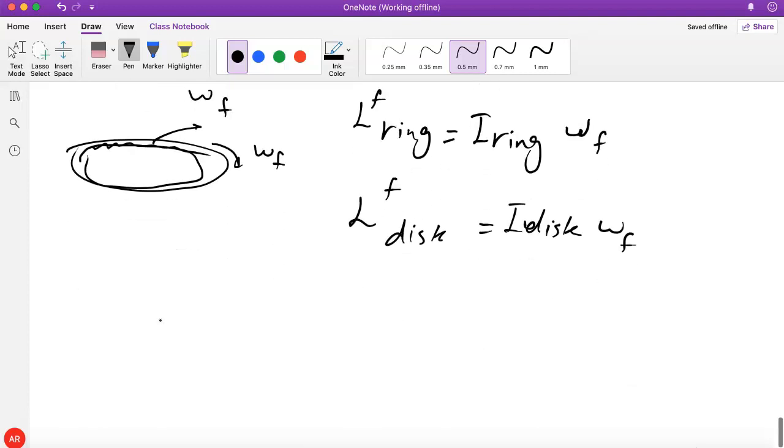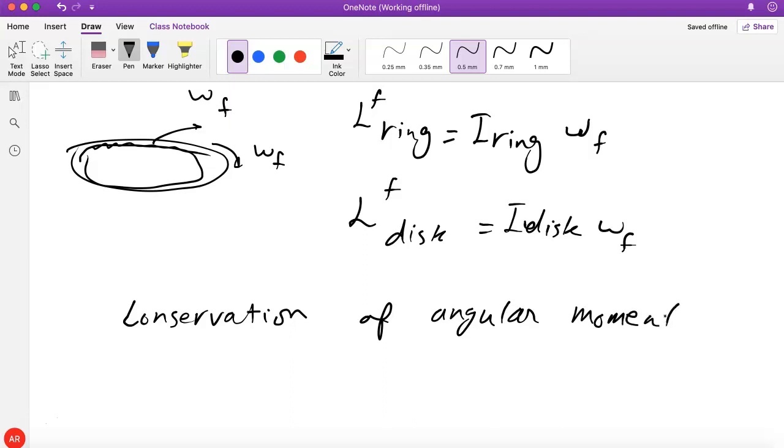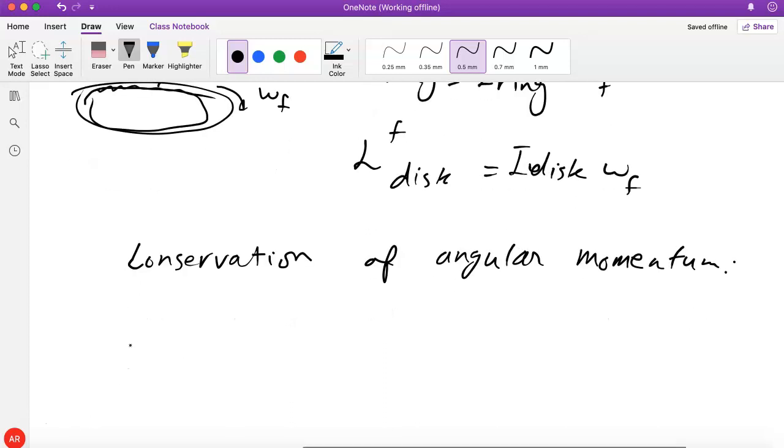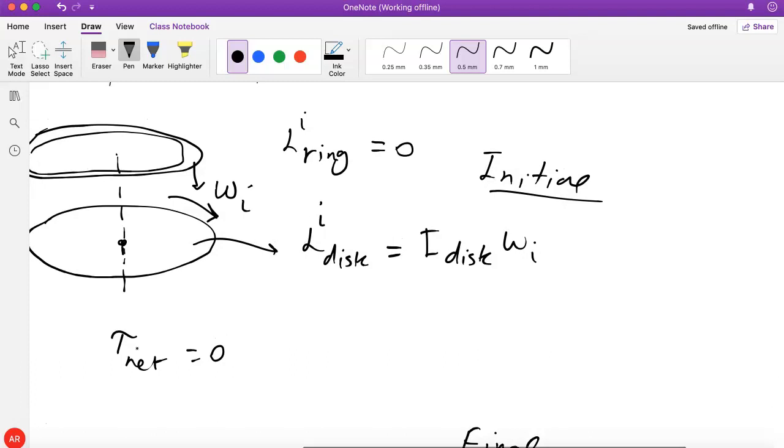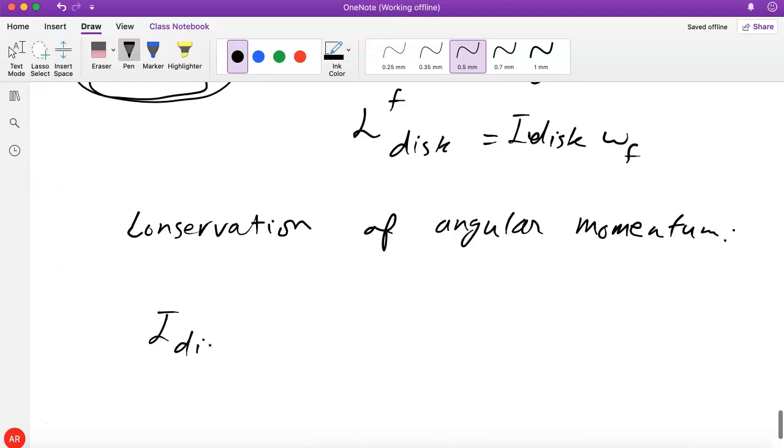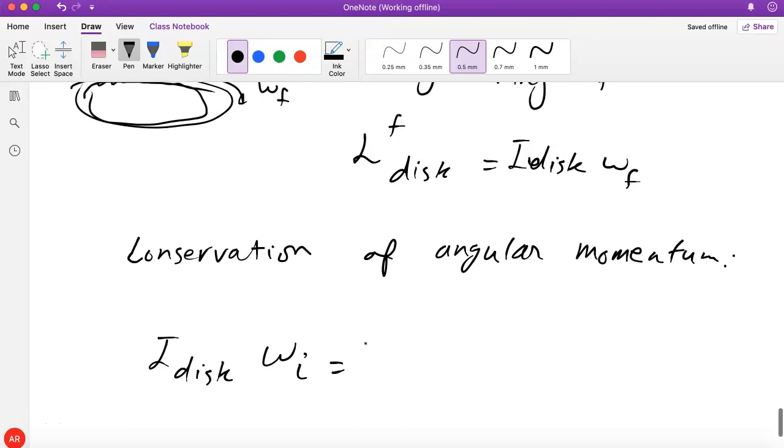So if total angular momentum is conserved, conservation of angular momentum, well, I can write the total initial angular momentum, which is ring plus the disk, but the ring has 0, so it's just the moment of inertia of the disk times omega I. That is the total final angular momentum, which is I disk plus I ring, the moment of inertia of the combined system of the ring plus disk, times omega f.